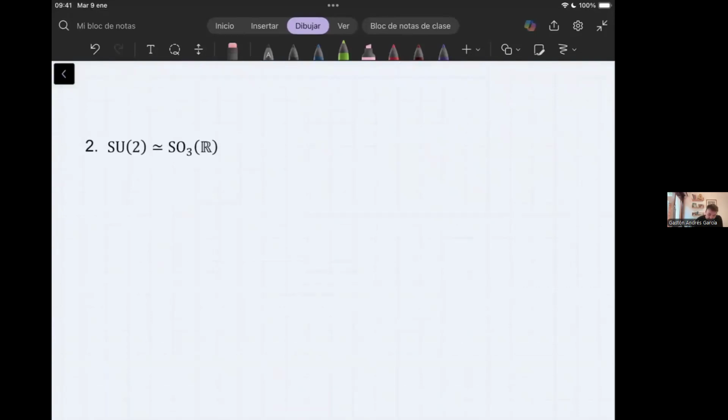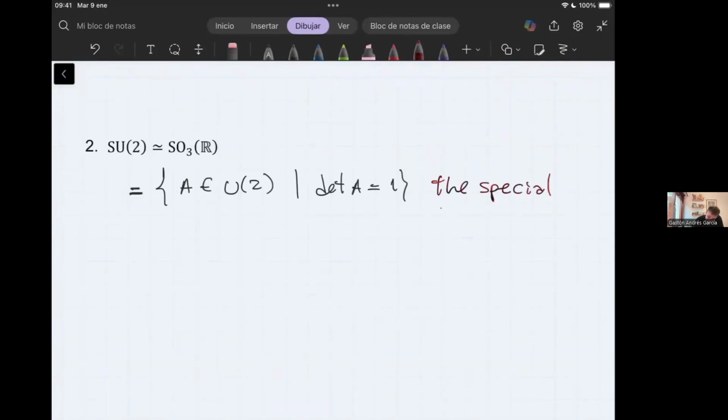The special unitary group is given by the matrices which are unitary and such that the determinant is 1. So this is the special unitary group of 2 by 2 matrices.